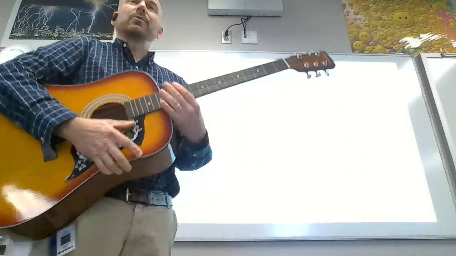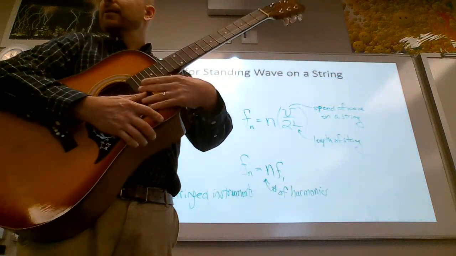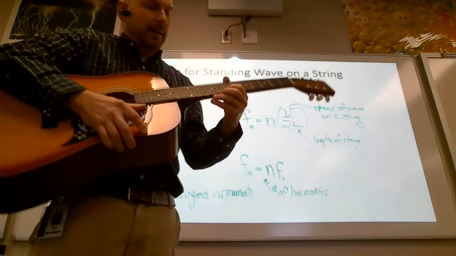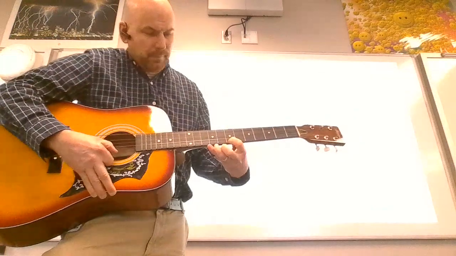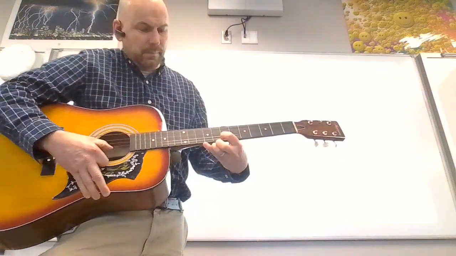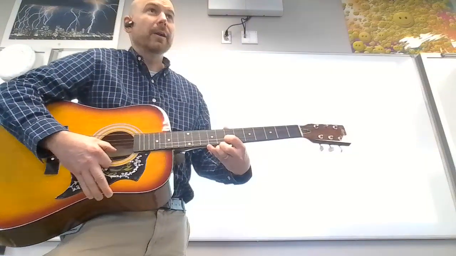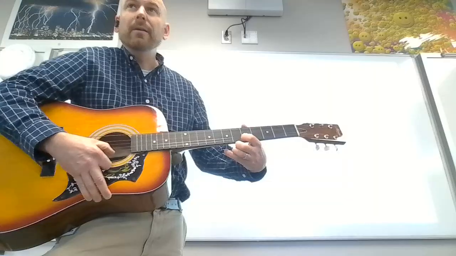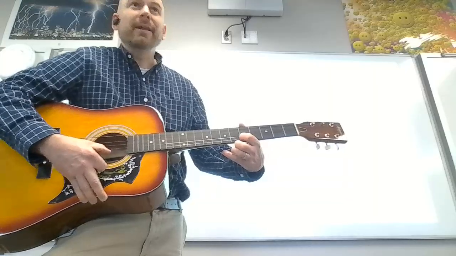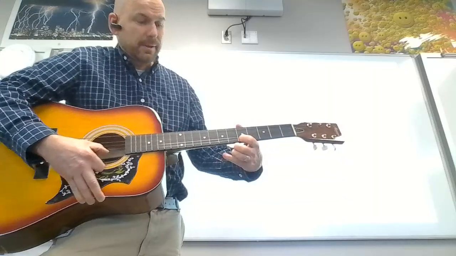The rest of these dots correspond to different fractions of the length of the string. I'm going to guess that's about a third. Third harmonic. Fourth harmonic. That's 2 octaves above this.